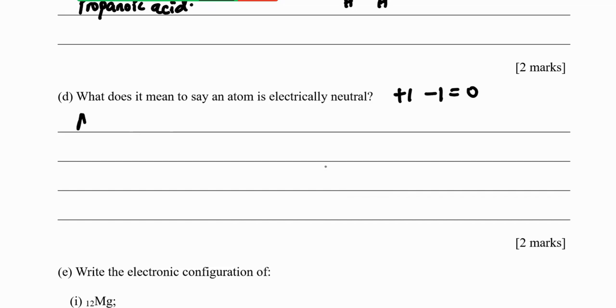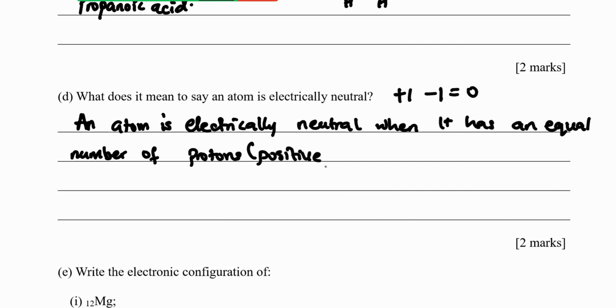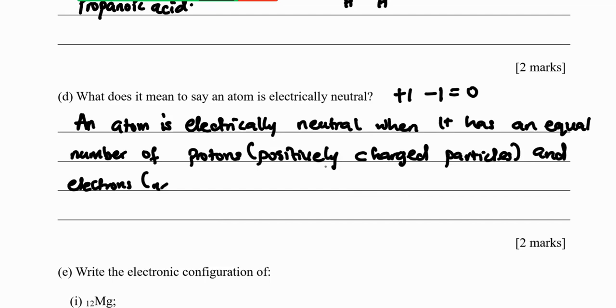So we can say an atom is electrically neutral when it has an equal number of protons, which are positively charged particles, and electrons, which are negatively charged particles.